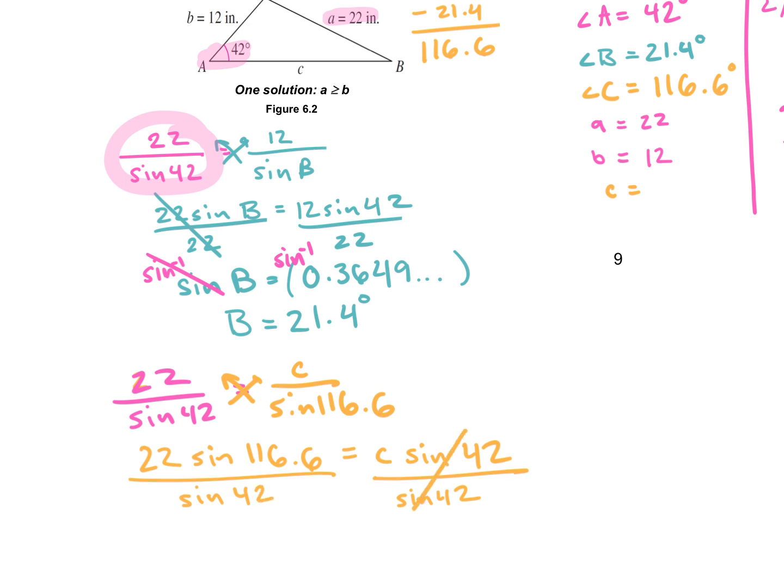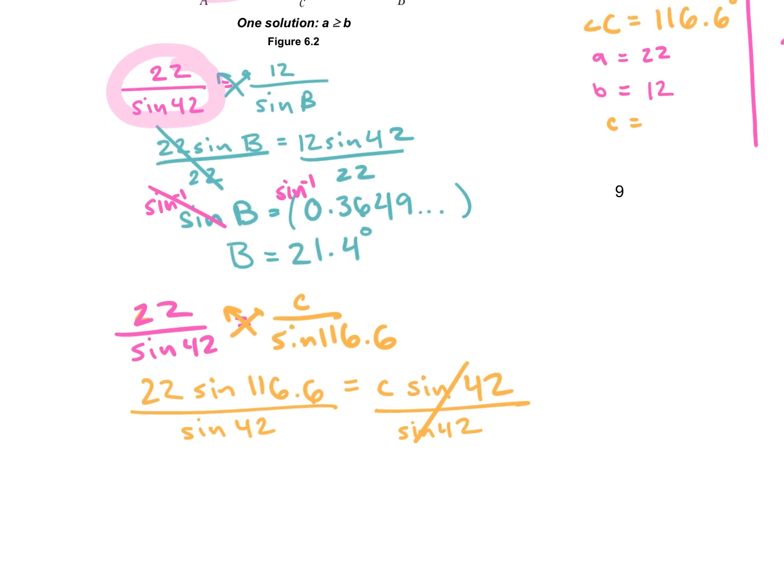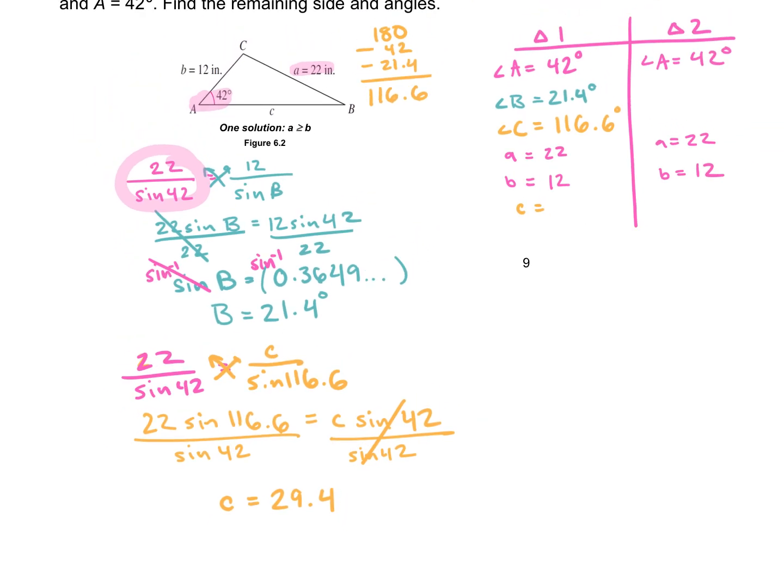Then put it in the calculator. 22 times sine of 116.6 equals, and then divide that by sine of 42. So C is equal to 29.39. I'll call it 29.4. 29.4 what? Inches. Awesome. We're talking about inches here. 29.4 inches.